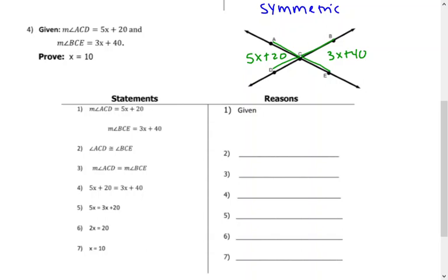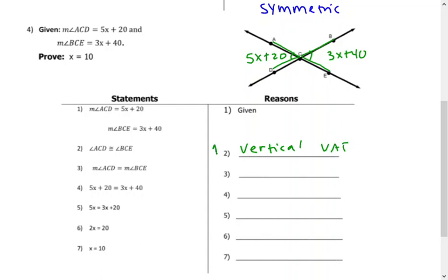I start with the two things that I'm given, right? And now I'm going to say that angle ACD is congruent to angle BCE. I mark those on the page, and we can say that because they are vertical. Or you can call it the vertical angle theorem.